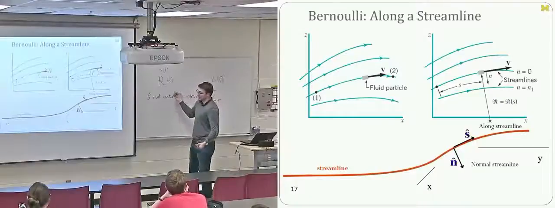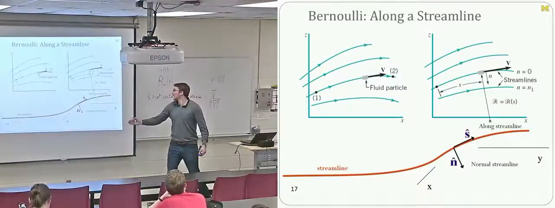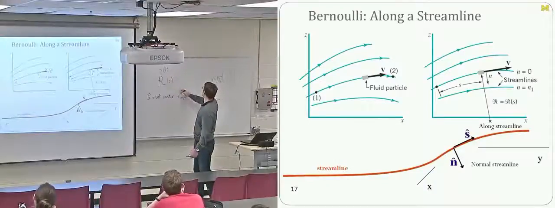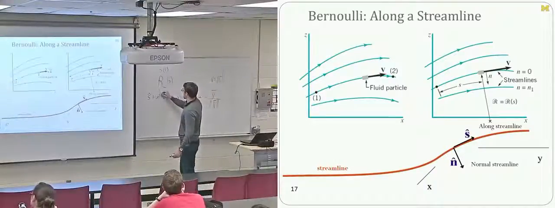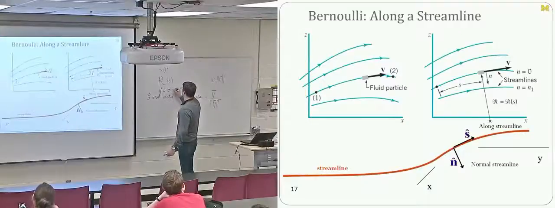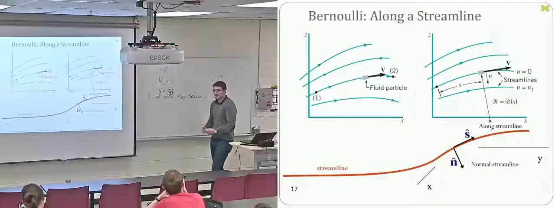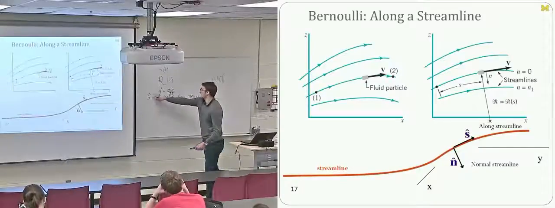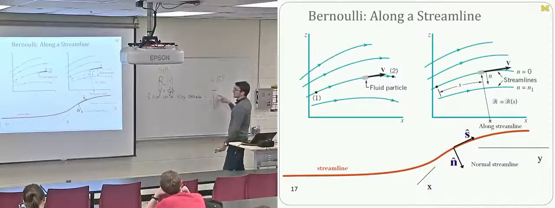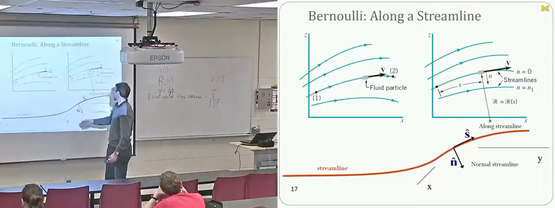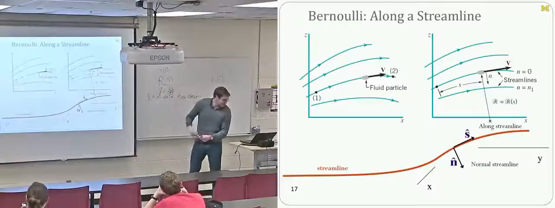If v is the distance traveled per unit time, and s is the distance traveled as a function of time, then we can define v as ds dt, right? Does this make sense? It's changing direction, so it's always oriented along the tangential unit vector, but its magnitude is given simply by the rate of change of the distance along the streamline with time.